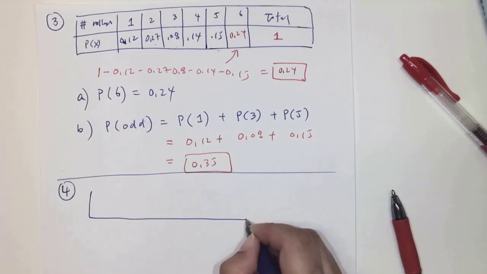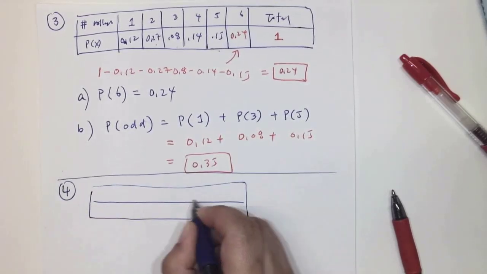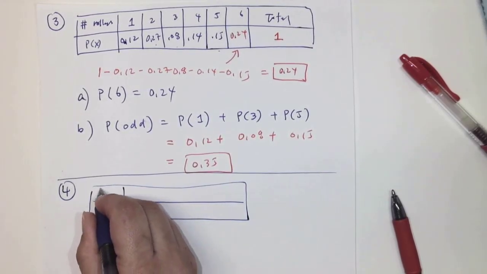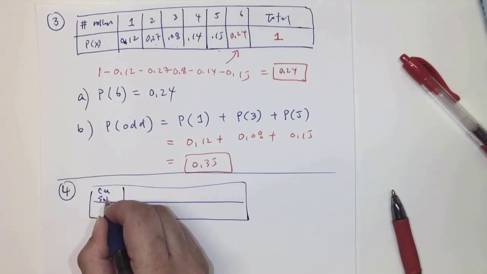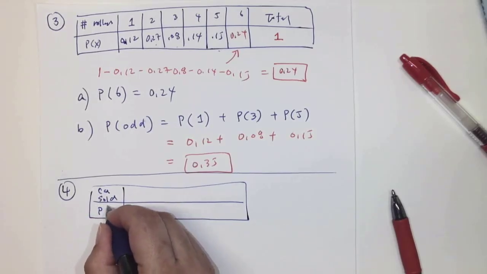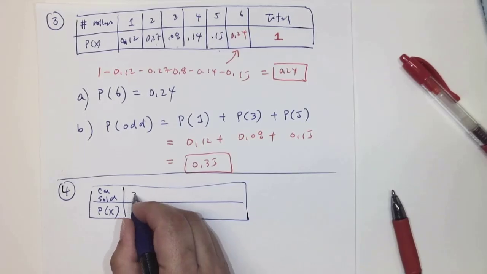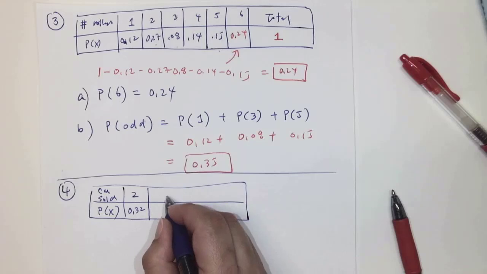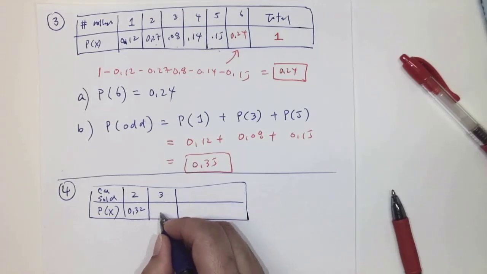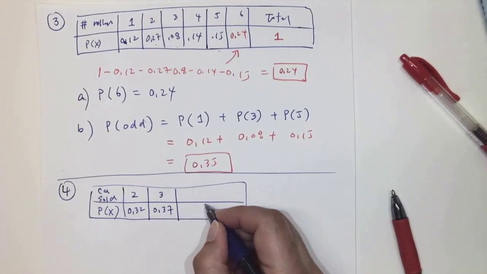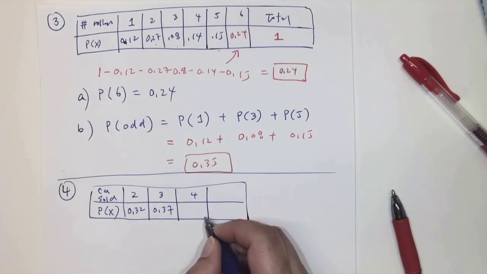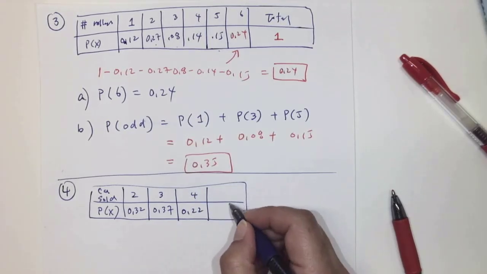So this car salesperson recorded how many cars he sold for the last few months. This is the probability. Sometimes he sold 2, the probability is 0.32. Selling 3 cars is 0.37. Selling 4 cars is 0.22.